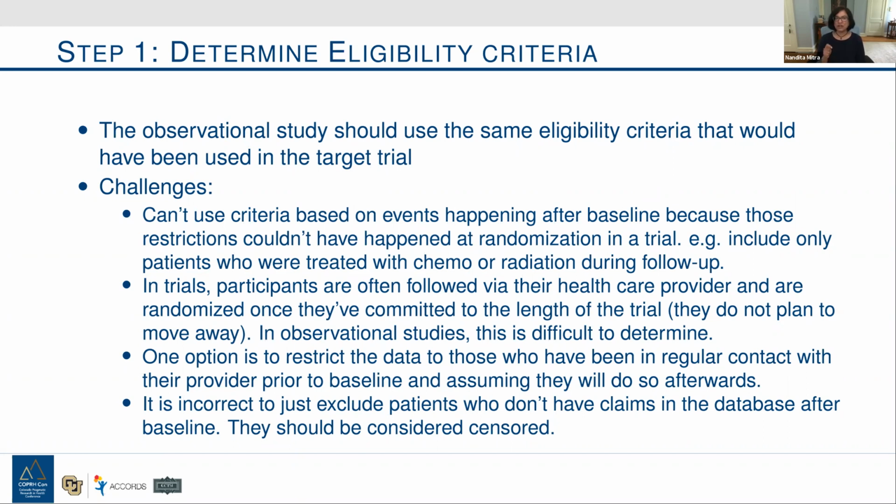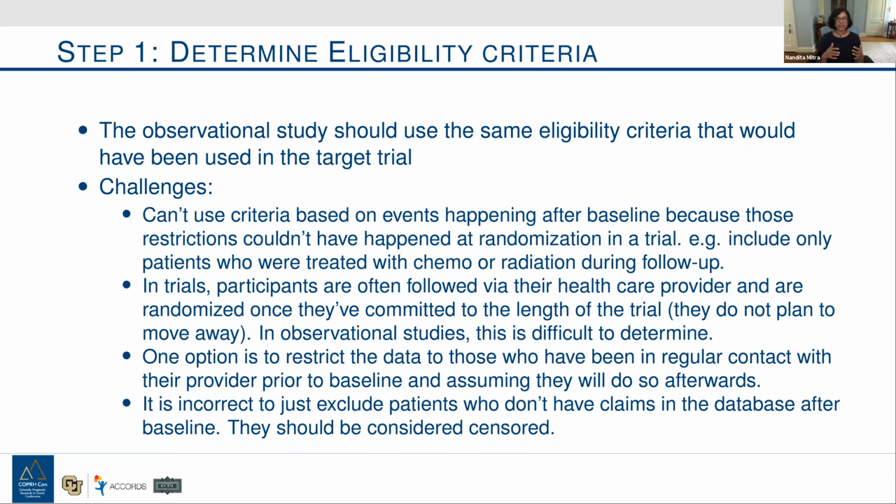But there are quite a few challenges that you should think through. First, when you're using observational data, you can't use eligibility criteria that are based on events happening after baseline, because those restrictions couldn't have happened at randomization in a trial.